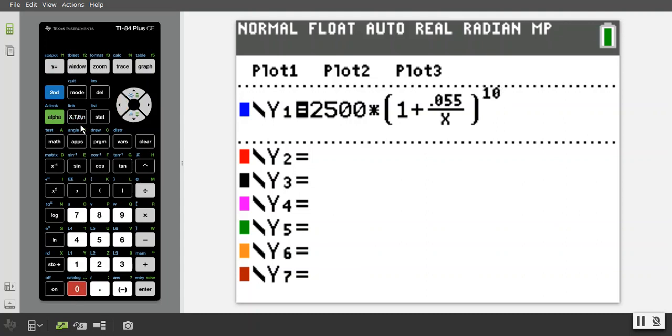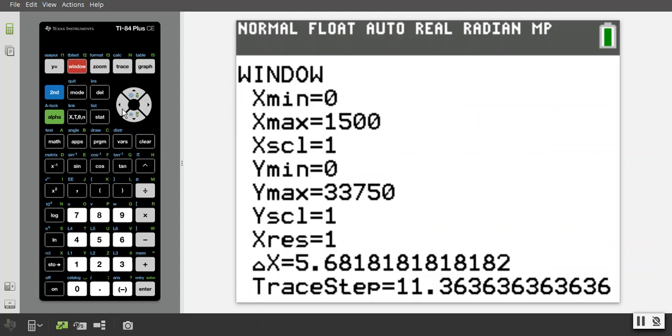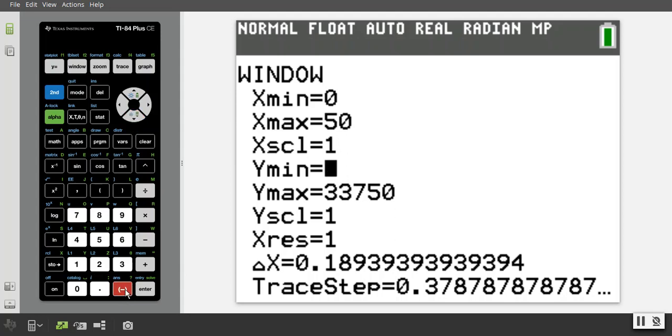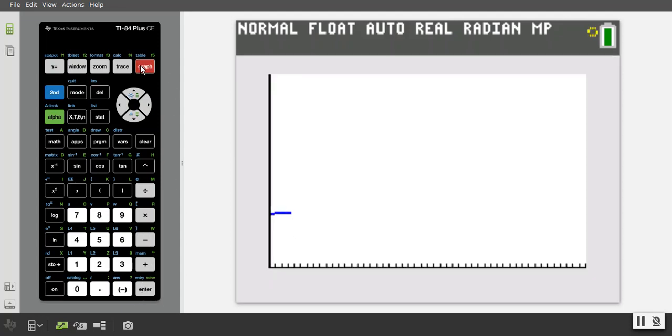So it should be 10x. In this case, we can say, for example, that the minimum is 10 and the maximum is 50, and then for the y-axis the minimum is -1 and the maximum is probably 15,000, because I might be inclined to think that my amount grew to a ridiculous amount.